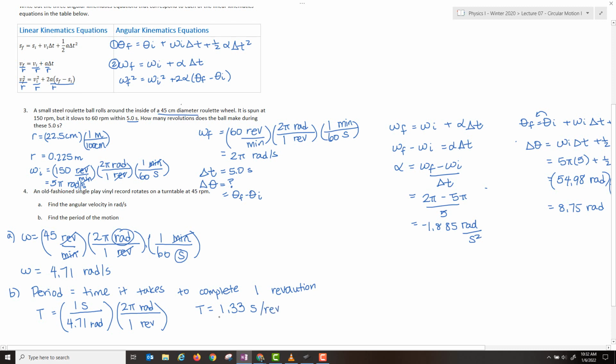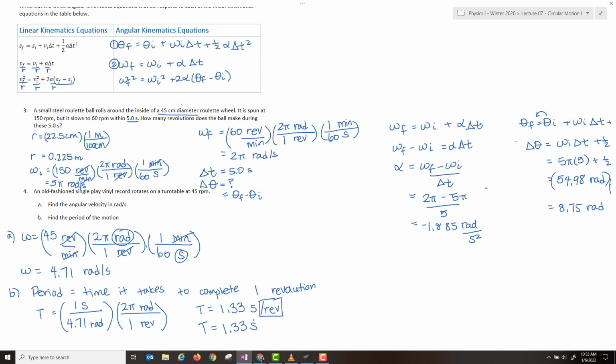So when I'm stating what my period is, I don't need to say per revolution, because the period definition is the time it takes to complete 1 revolution. So when the question says what is the period, you would say the period is 1.33 seconds. You wouldn't put per revolution in there. That's what the definition is.